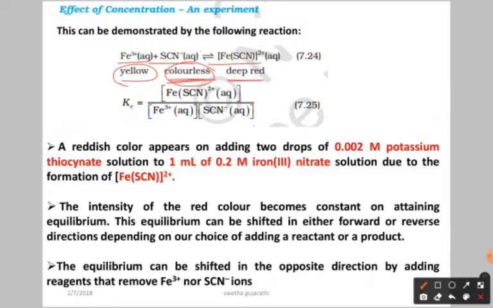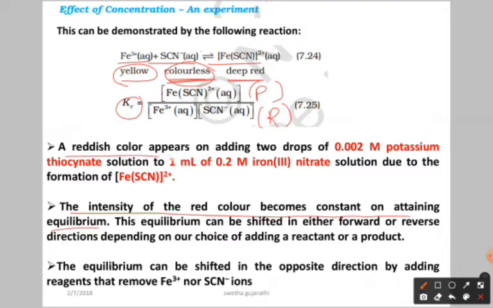Now if you write the expression, the equilibrium constant is the molar concentration of product by the molar concentration of reactants. Here, the intensity of the red color becomes constant on attaining equilibrium.